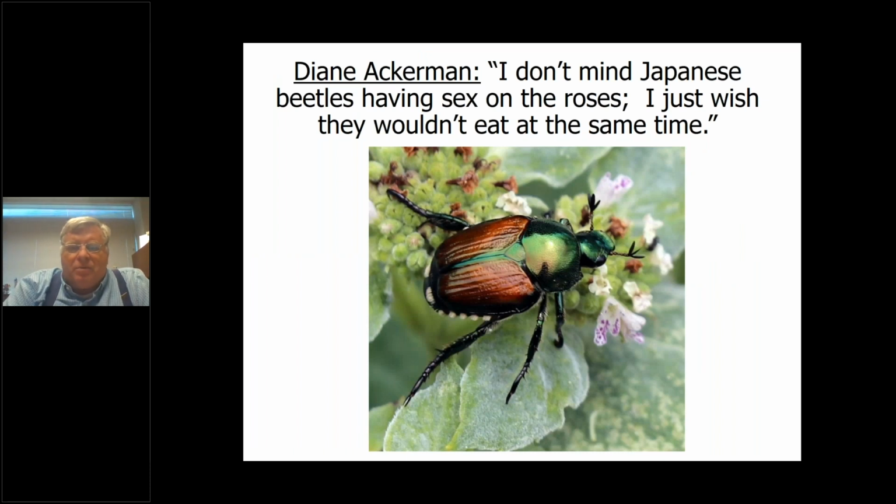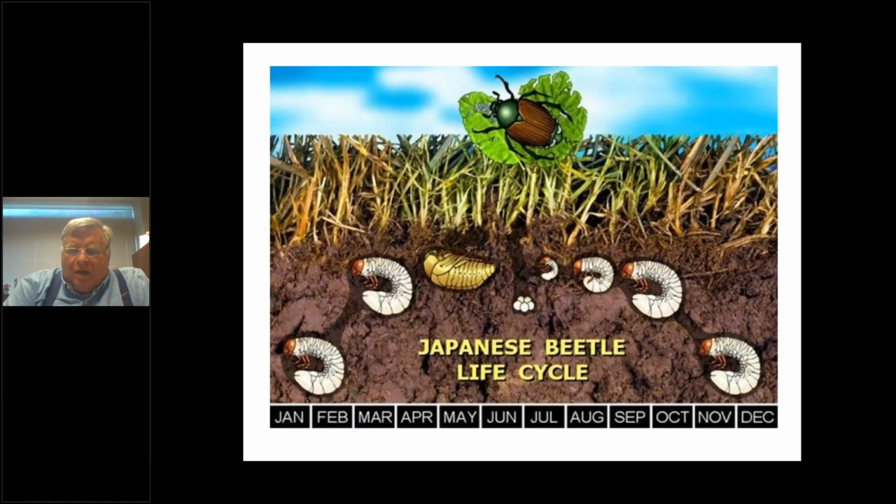A bane of many people's existence is Japanese beetles. I remember a long time ago, Nancy Ackerman said, I don't mind Japanese beetles having sex on roses. I just wish they wouldn't eat at the same time. Now, Japanese beetles have a long life cycle.